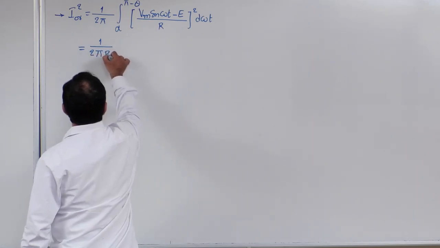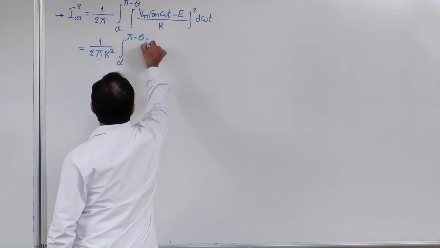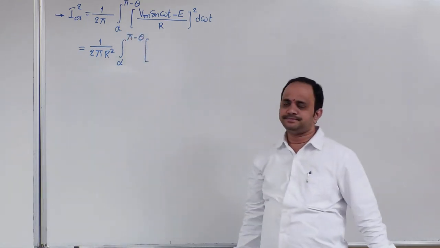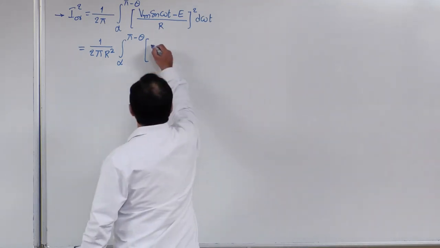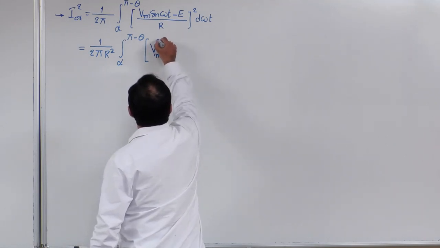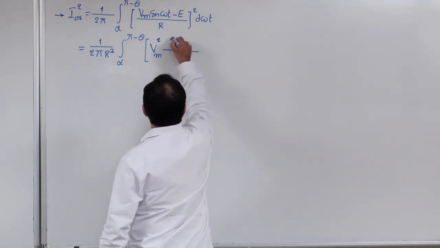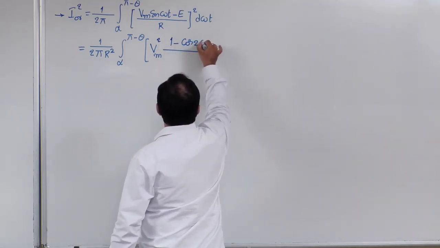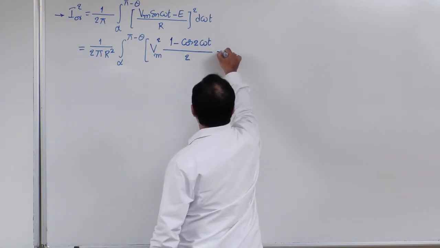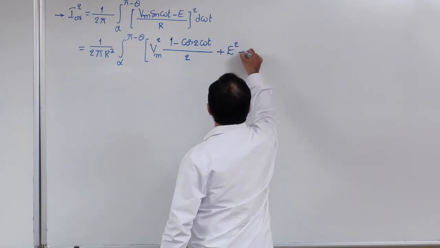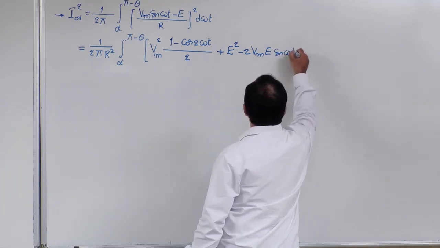1 by 2 pi R square integration from alpha to pi minus theta. Let us expand a minus b whole square. What we will get? Vm square sin square omega t can be written as 1 minus cos 2 omega t divided by 2, plus E square minus 2 Vm E sin omega t.